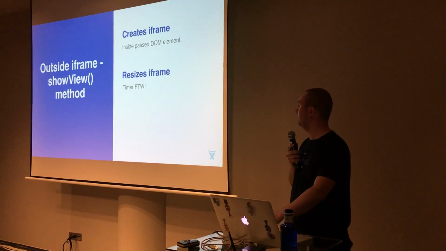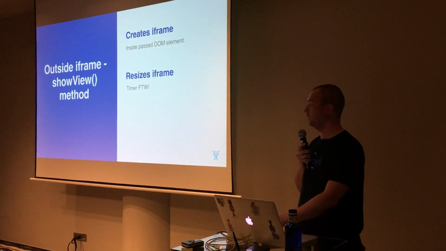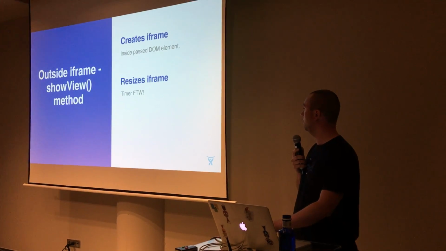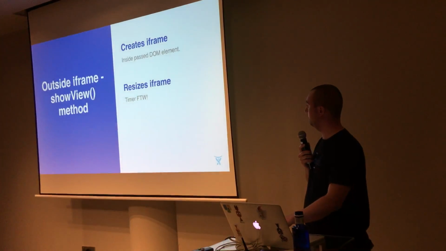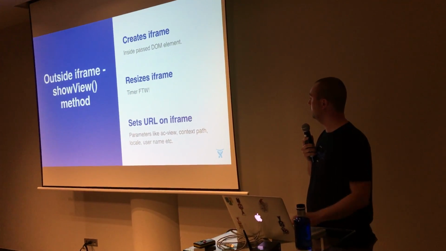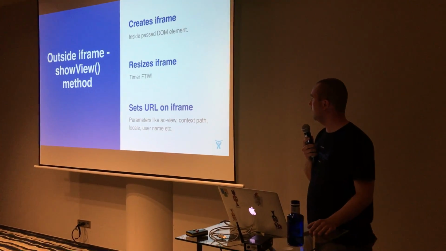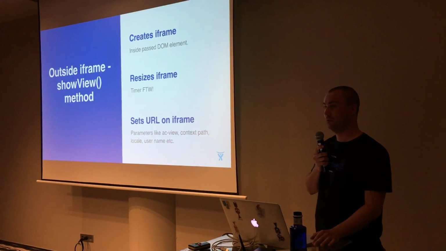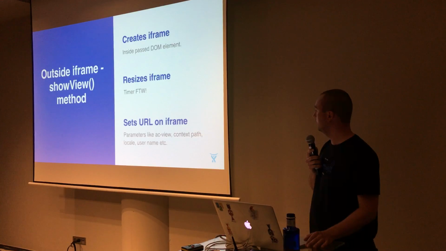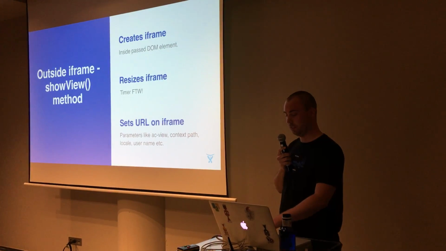We resize the iframe, exactly like for JIRA Connect. When the content grows, we also make the iframe bigger. And we set some URL on this iframe. Among many parameters, the AC-view is the most important here, because it tells our plugin which view should be shown inside this iframe.